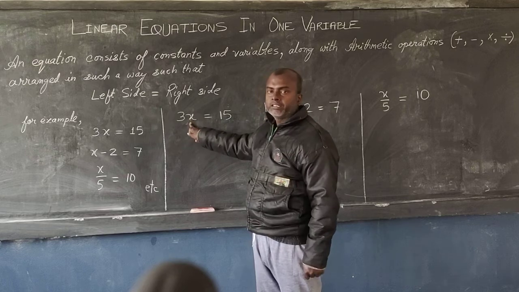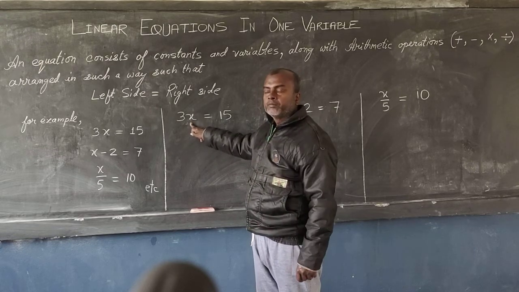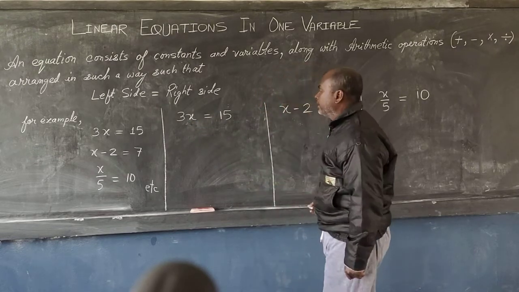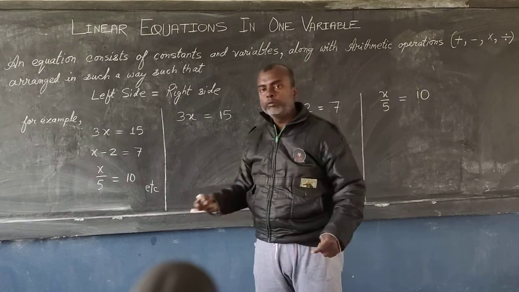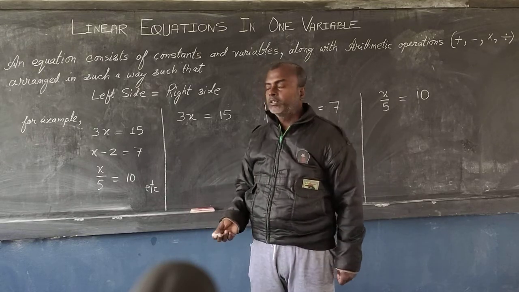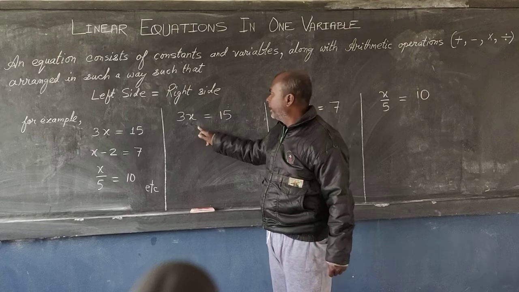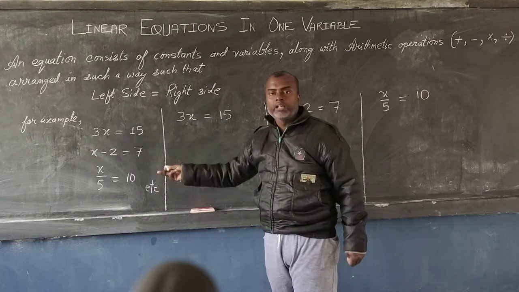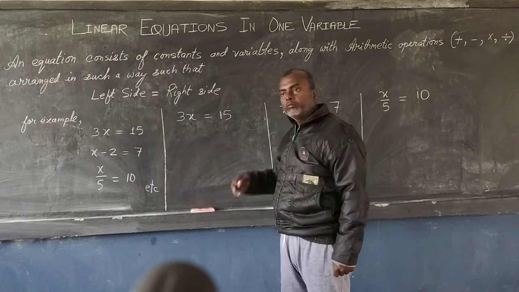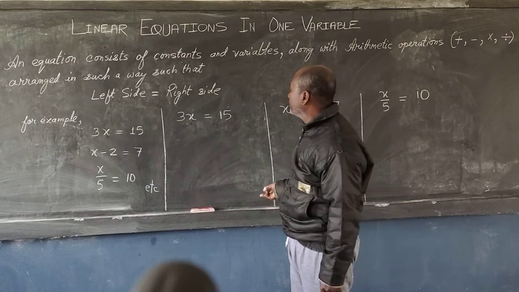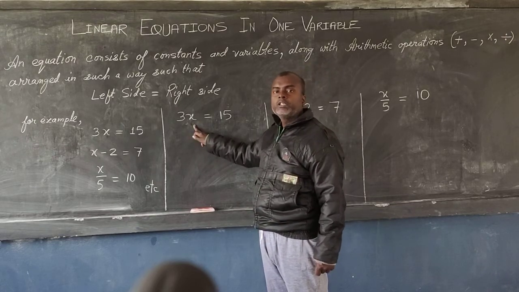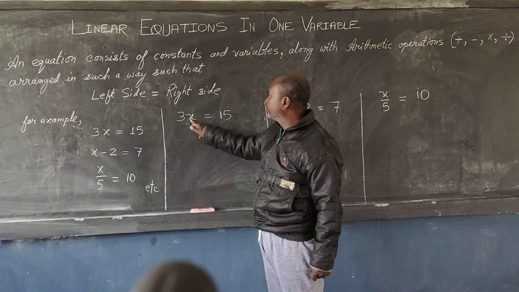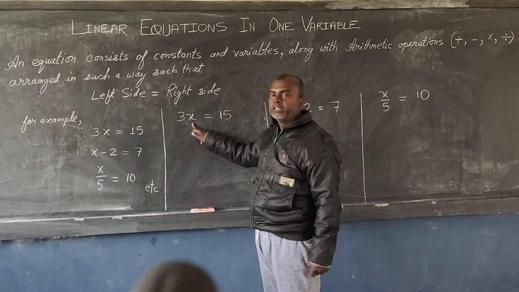How many variables does it have? One. But when you go in higher classes, an equation can consist of more than one variable also. Like in one equation you may have x, you may have y. So two variables. That will be in the higher classes. But as of now, you are only going to study those equations which have only one variable in them.